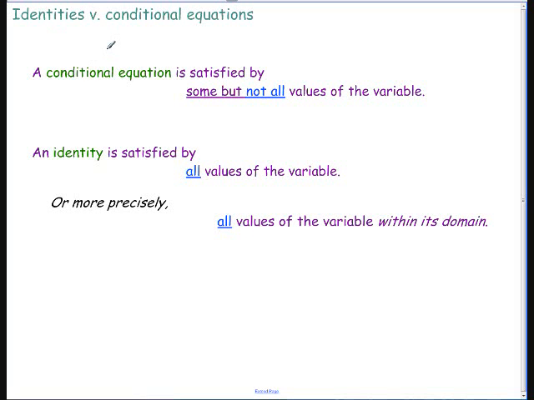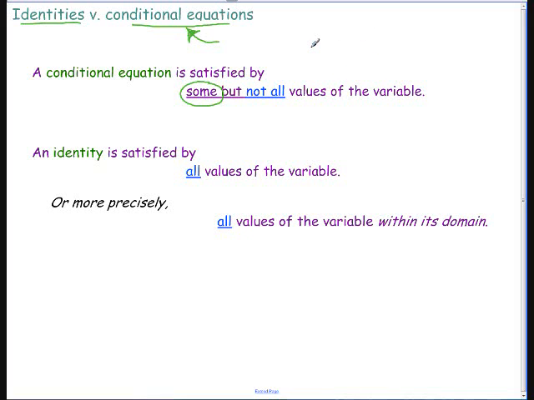First of all, let's be clear about what is the difference between an identity and a conditional equation. You're very familiar with these. We use these a lot in algebra. We use them also in trig. A conditional equation is satisfied by some values of the variable.